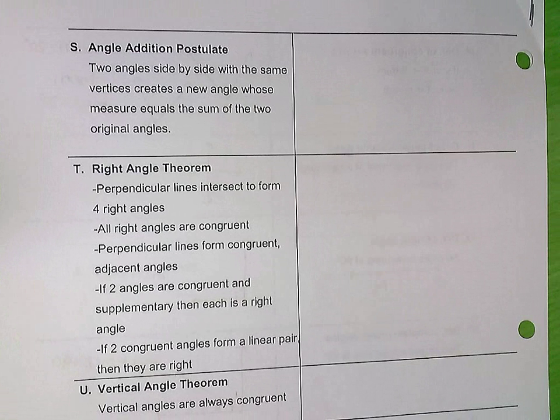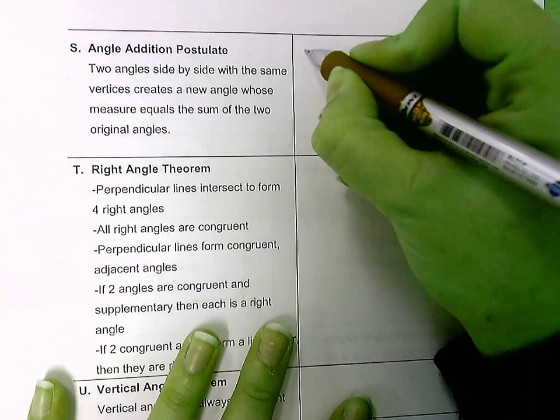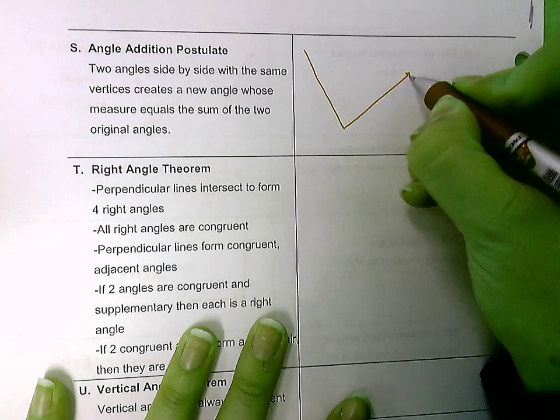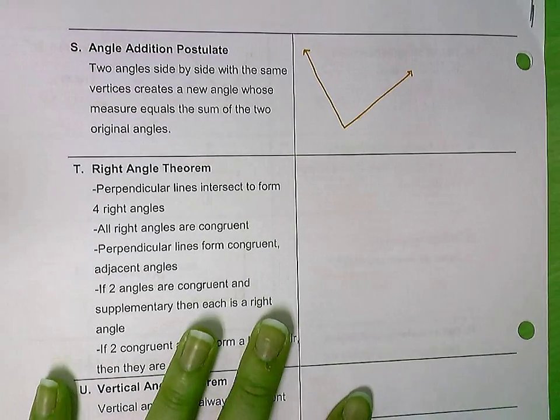All right, next one is the angle addition postulate. It's similar to the segment addition postulate, but we're working with angles. So I'm going to draw in an angle here.